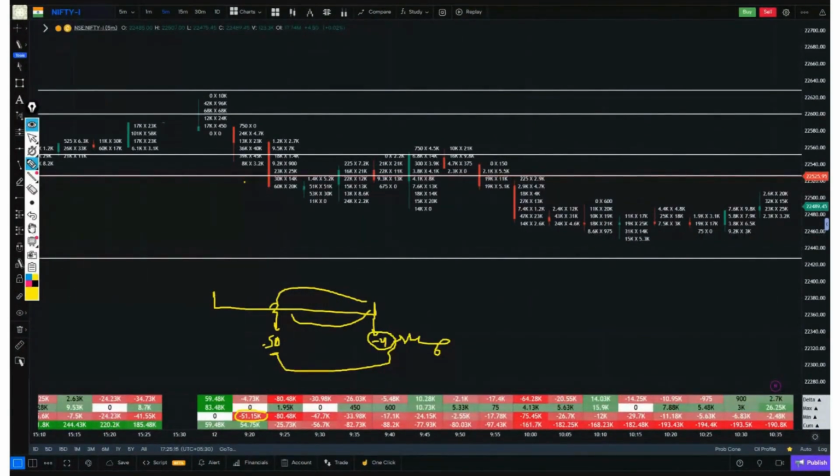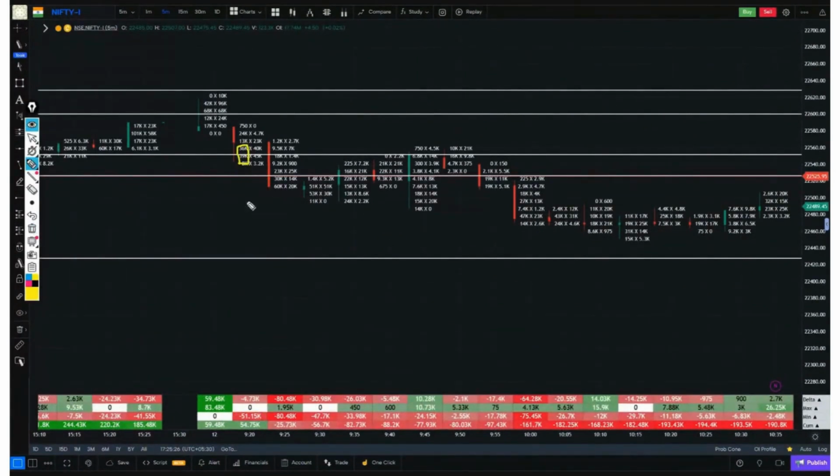The minimum delta was around 51,000, but by the time it closed, it was 4,000.